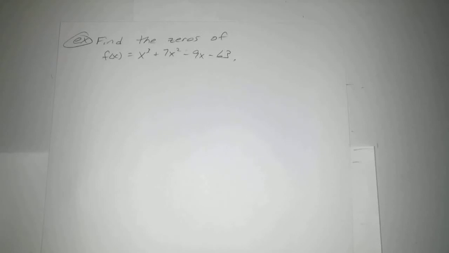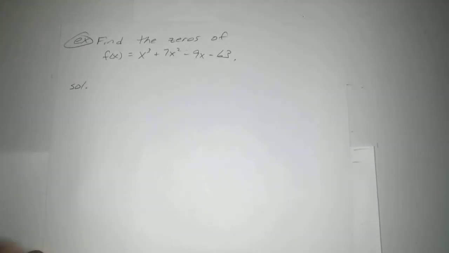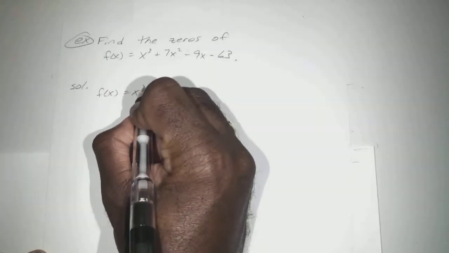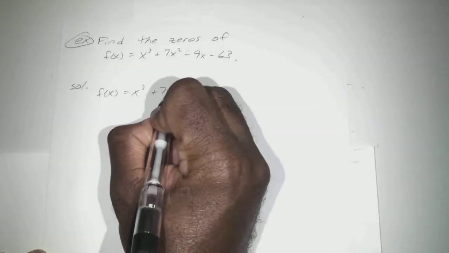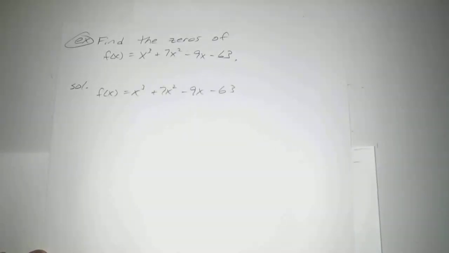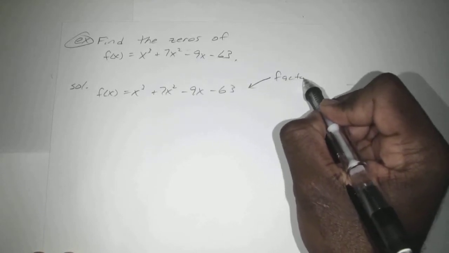Okay, so every once in a while you might have to go back into your factoring bag of tricks. So for f of x equals x to the third plus 7x squared minus 9x minus 63, factor by grouping? Yep, you can actually just use factor by grouping.